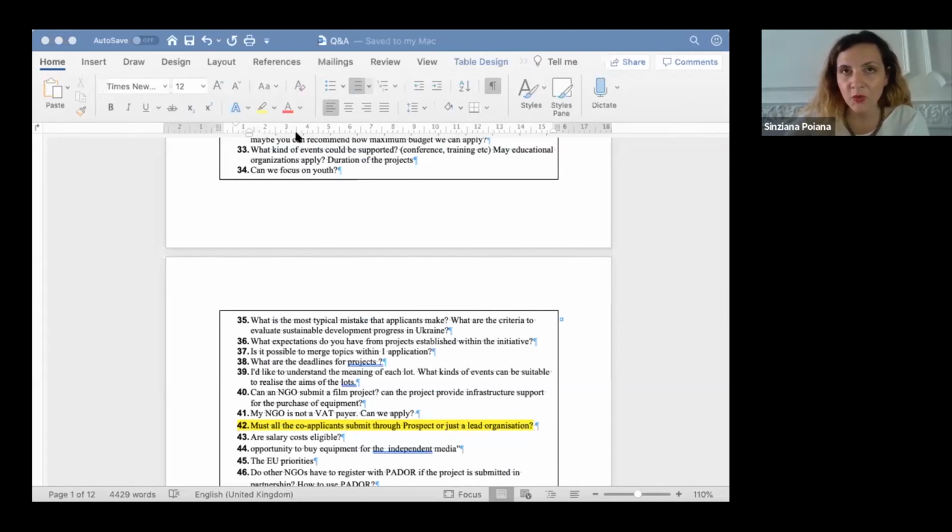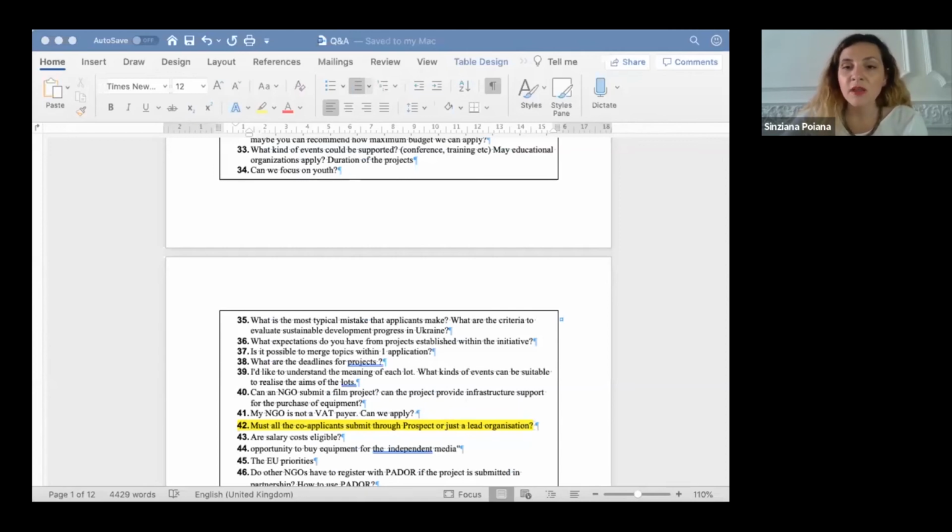I mean, you have your priorities. It's a very general framework. You have the objectives. It is up to you how you justify how your project fits and responds to what we pursue as objectives and priorities. And as long as you make a compelling argument that your project fits into the objectives of a certain lot, it is not up to us to tell you whether the priorities are eligible or not.